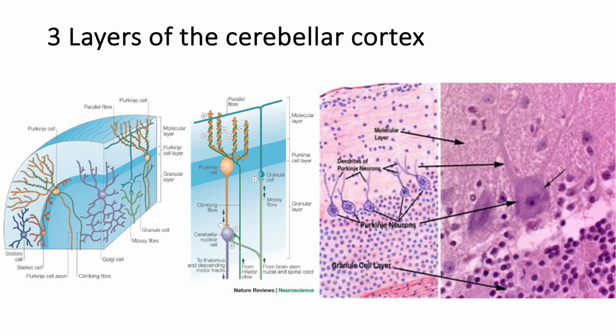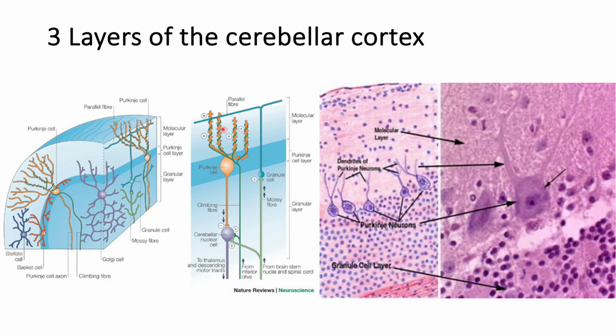The cerebellum is quite moderate because it has only 3 layers. You have the molecular layer, Purkinje layer, and then granular layer. So the molecular layer is basically made up of the dendrites of the Purkinje cell. I mentioned the Purkinje cell not long ago when I talked about the cerebrum.